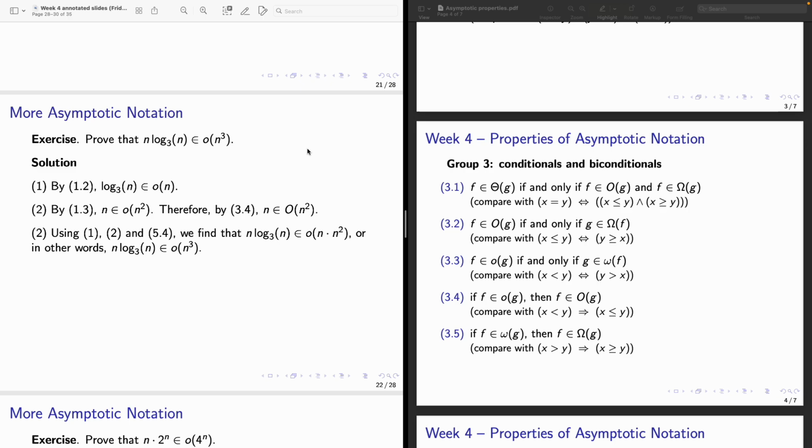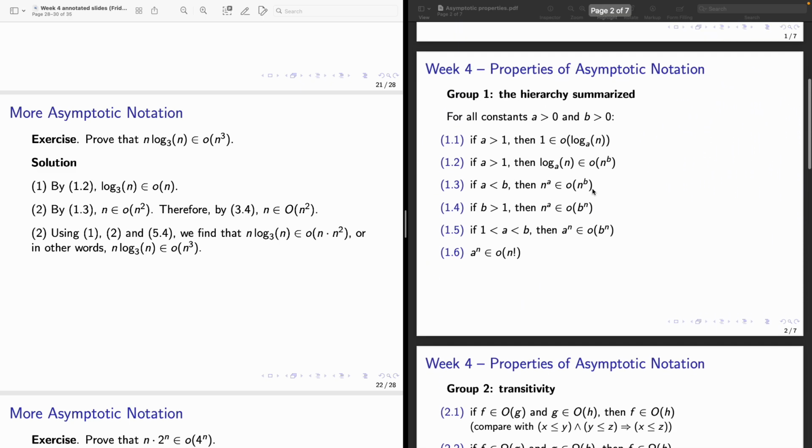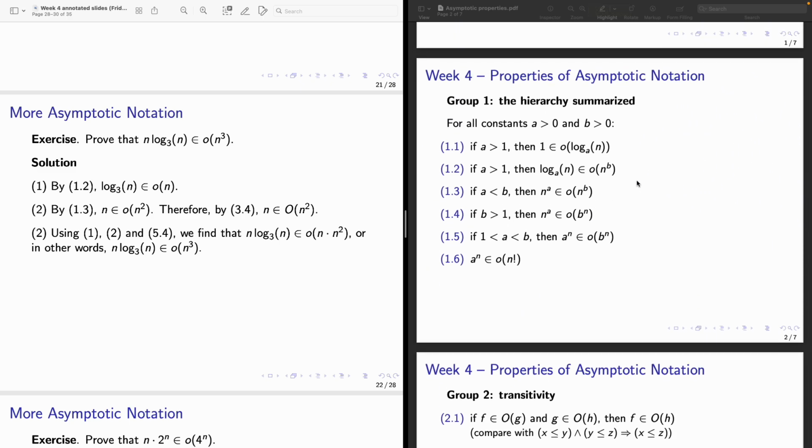Now we have n log base 3 of n, and we see that that's in little o of n cubed. We use the hierarchy summarized again. Any logarithmic function is in little o of any polynomial.